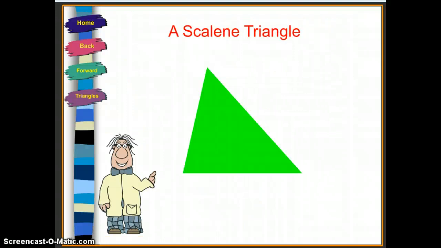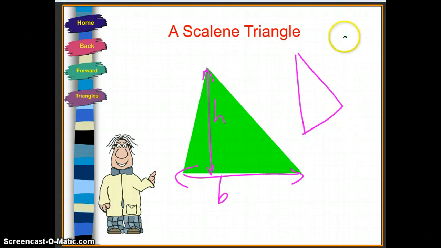Now what's this one called? A scalene. A scalene is where the three lengths and the three angles are different. How would I find the area of this? That I would call my base, and that I would call my height. Okay? If the triangle was, doesn't matter which way around it is, you can choose any base, and then you've got to, well, that one, if it was a right angle, I could use that as my height.